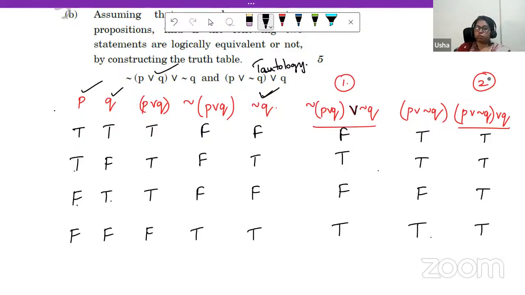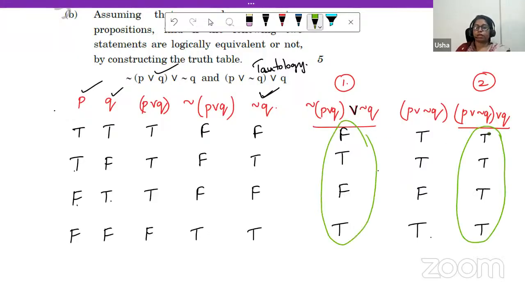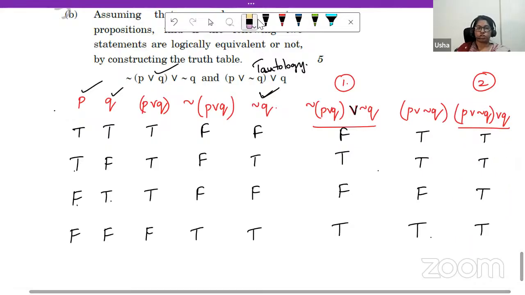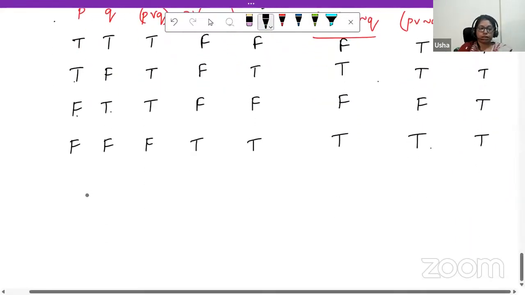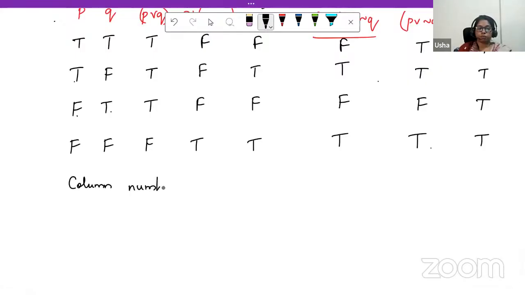So comparing column number 1 and 2, they are not identical. You have to compare these two. This and this should be the same, in the same order. If it is the same, we say that they are logically equivalent. Otherwise, we say that they are not logically equivalent. We say that columns numbered 1 and 2 represent the given two expressions.